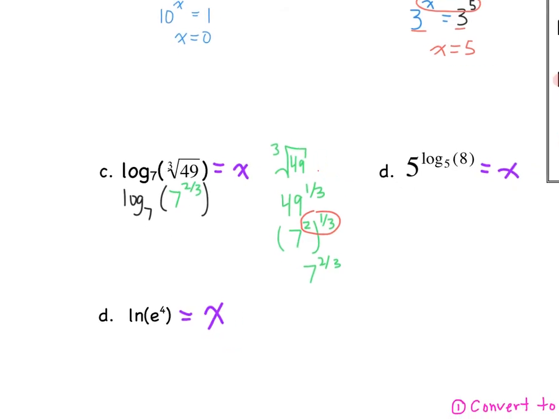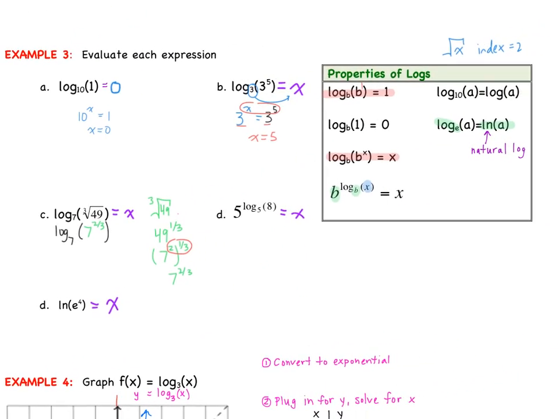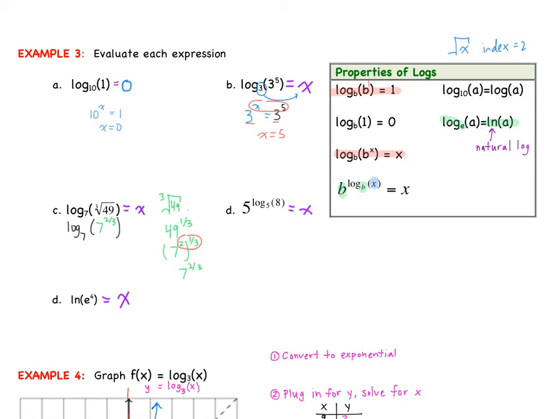Now if we look at our properties, what do we notice? Well, we should notice that we have a log with the base of the log equal to the base of the argument. So what should this equal? Well, this better give us 2/3, right? We get our power there, okay?